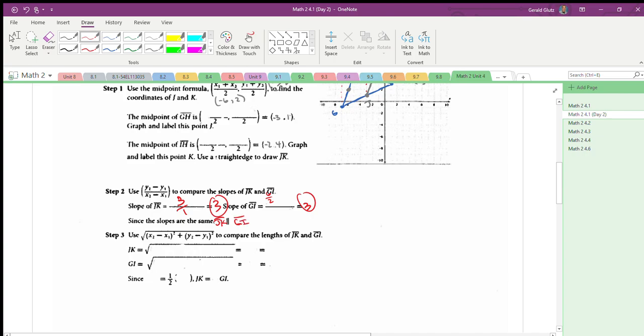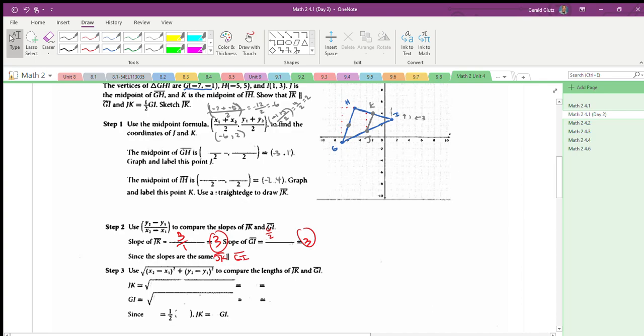And then finally, we need to prove that the midsegment has half the length of the third side. So we could use the distance formula here. Or what I like to do is I just like to use the Pythagorean theorem. So I'll do the distance formula for one, and then I'll use the Pythagorean theorem for another. So I'll use the distance formula for JK. So the two x values, J is at, where was J? It's at -3, 1.